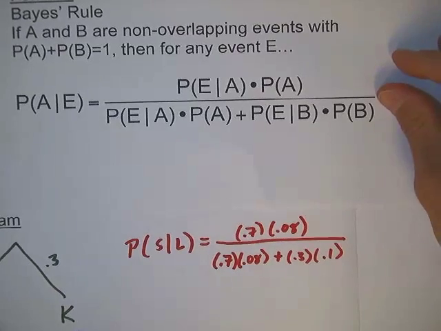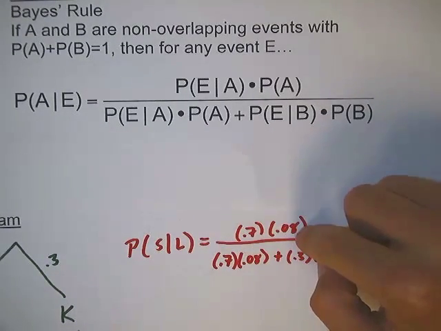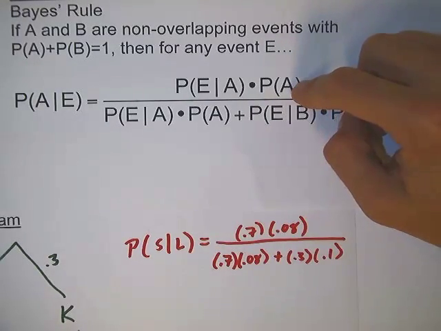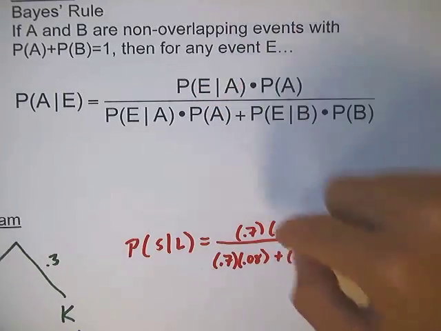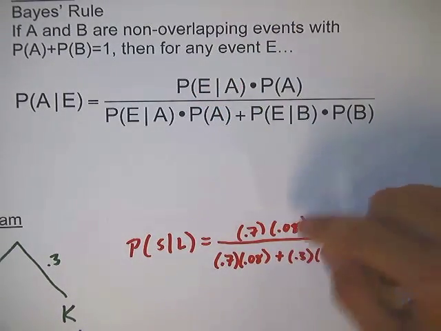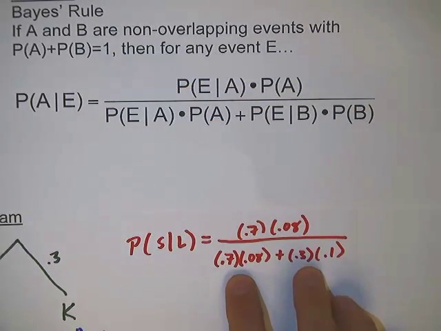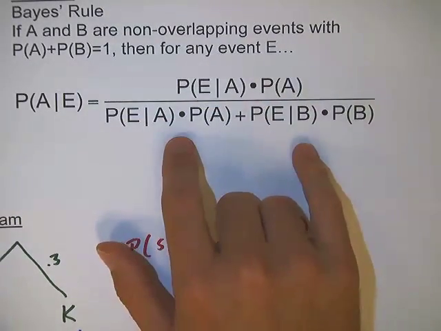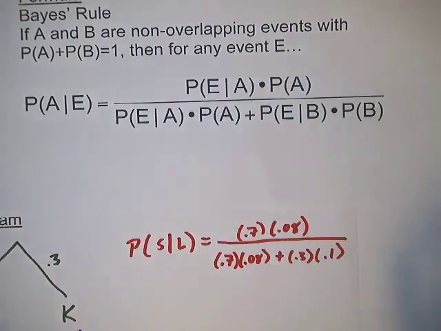The 0.7 is the probability of A here, the probability of S. The 0.08 is the probability of E given A, or the probability of late given Speedy. Now all of this matches the bottom, which was just the probability of late in general. So what this ends up being is the probability of E in general. You always have to add up the two different outcomes to get that.